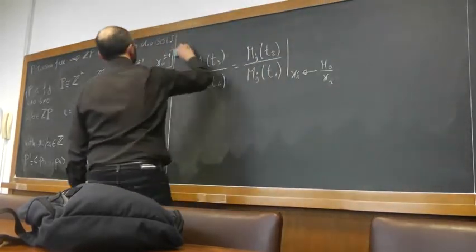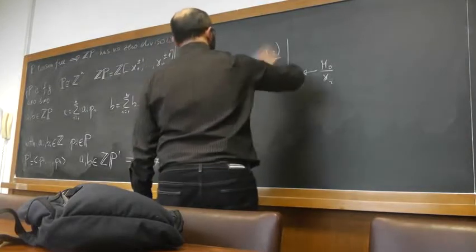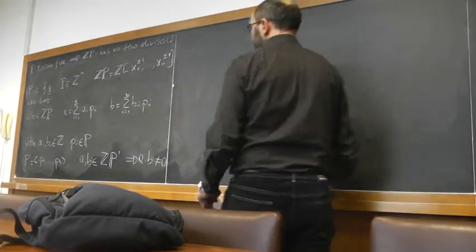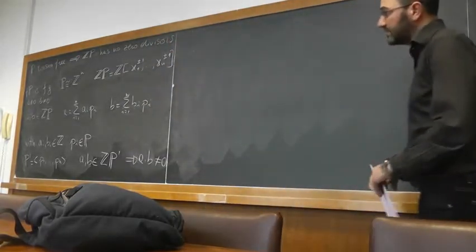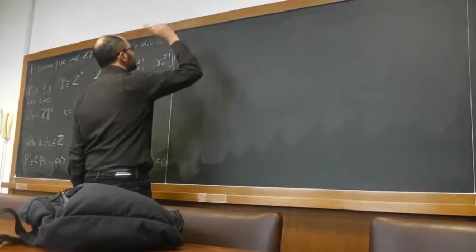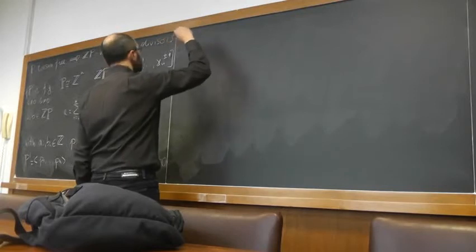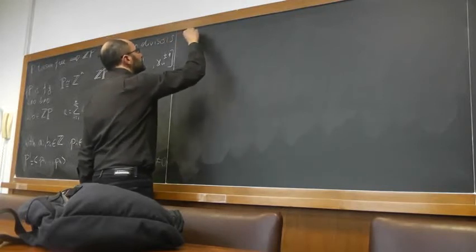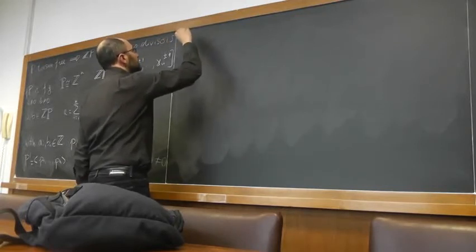Anyway, why do we care about this structure of integral domain in ZP? It is that we can consider the quotient ring.